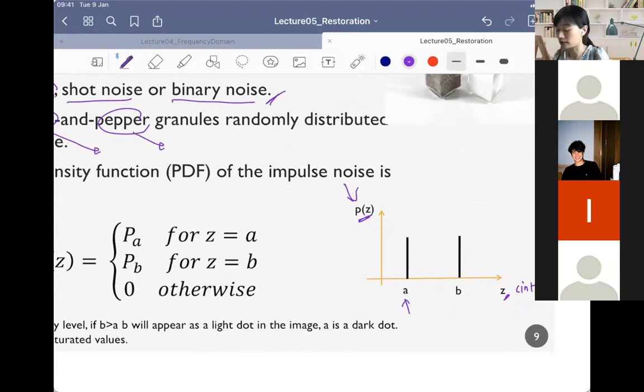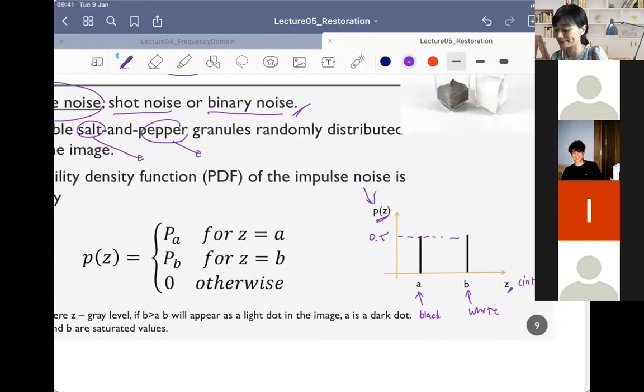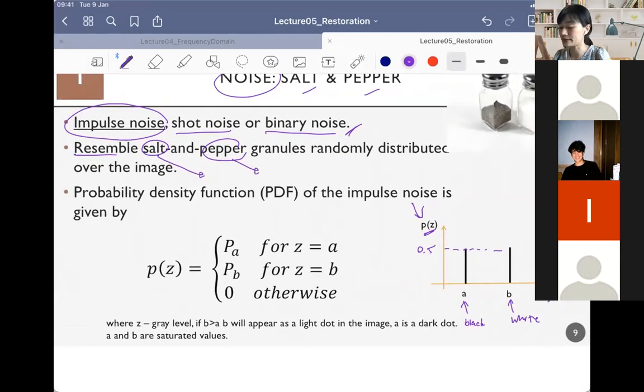It could be a low value, low intensity, maybe a black color, and the white color. It could have similar probability or maybe not, it could be different. So the distribution of the salt and pepper looks like this. And they have some probability for a black color and the white color, and it will be 0 at other intensities.